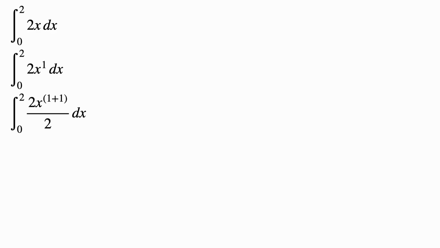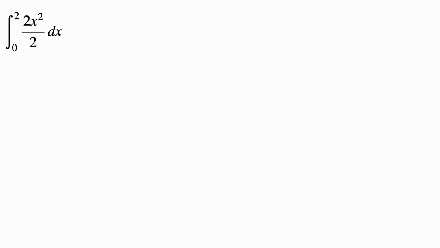When we add 1 plus 1, that will be 2, and this is the new exponent value. We'll be dividing by this value as well, which is 2 in the denominator. Now we will have 2x squared divided by 2. 2 divided by 2 will cancel each other out to become 1, and we will be left with x squared.